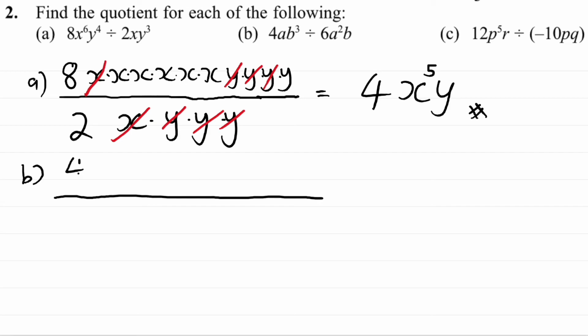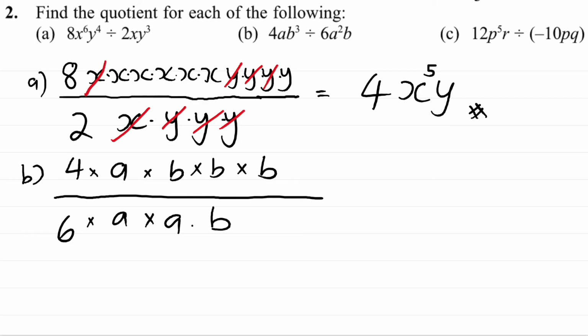Okay, letak 4 sini, letak 6 sini. And then A 1 je. Darab dengan B ada berapa tu? Ada 3. So tu dia lah 3 kali. Macam tu. Okay. Darab. Okay, A kamu ada 2. Lepas tu B ada 1. Ambil pen merah ataupun mana-mana pen. Potong 1, potong 1.